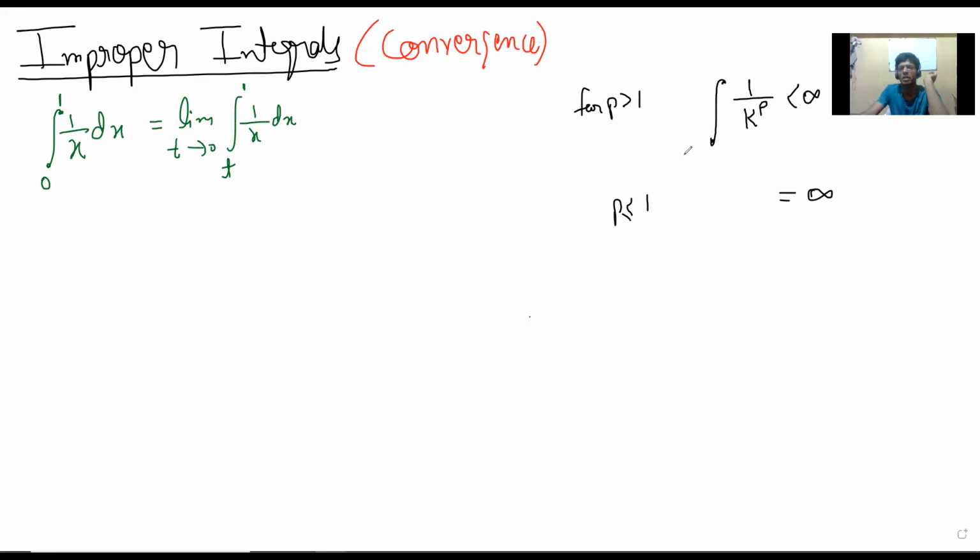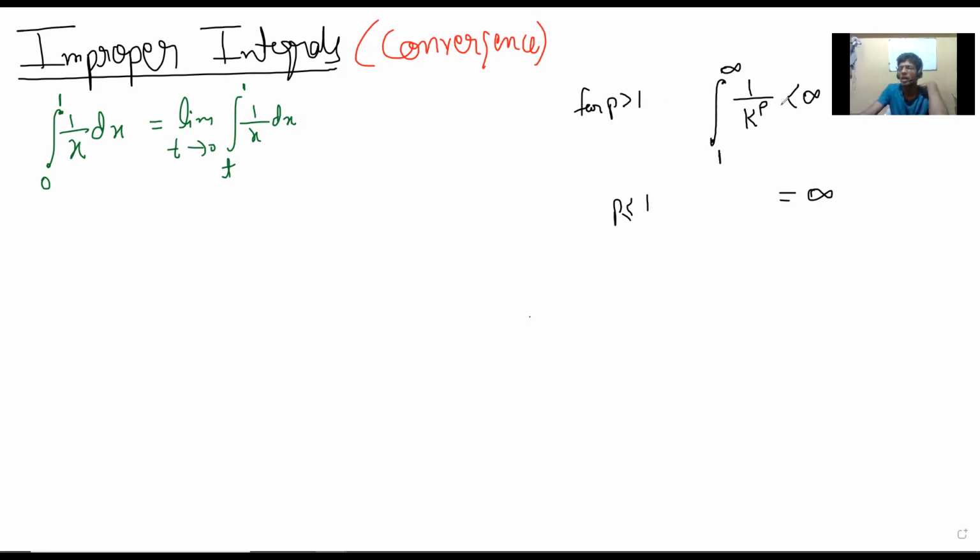So the integral from 1 to infinity of 1 over x to the power p converges when p is bigger than 1, and otherwise it diverges.